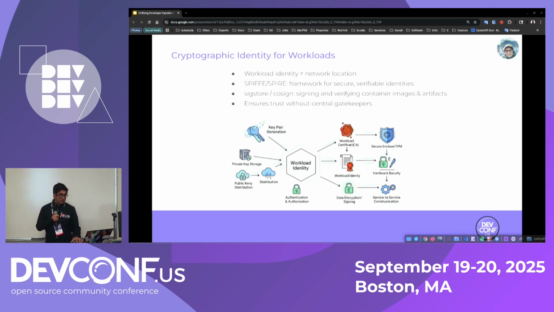We need to use Sigstore and Cosign. Basically, use tools like Harbor and OPA Gatekeeper. They can build our policies into our clusters.